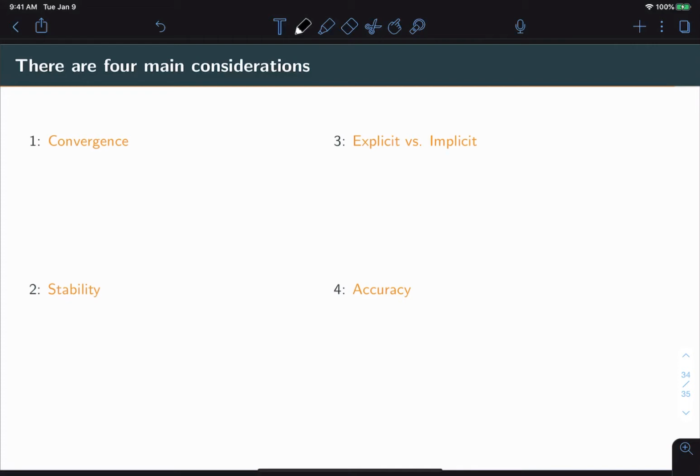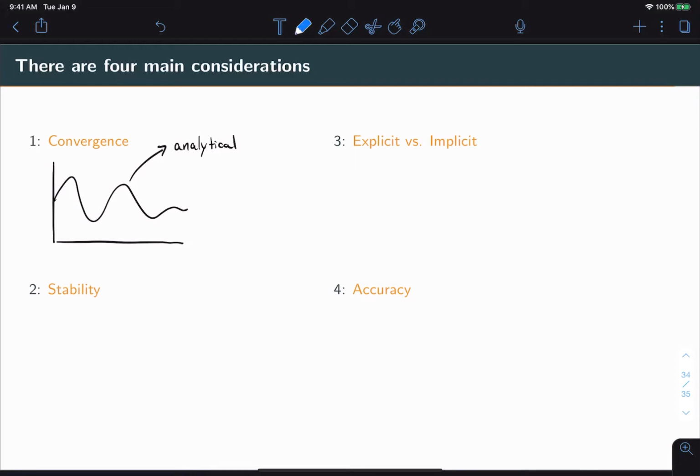Now, in the case of convergence, any good numerical method will approach a numerical solution as the time interval delta t gets smaller. What does that look like? Well, let's take a sample dynamic response. Let's say that this curve here is our analytical solution, assuming we can find one.